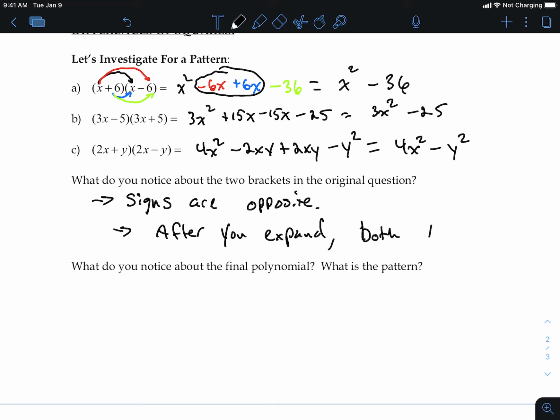Both the first, say both the terms are square rootable. Okay.